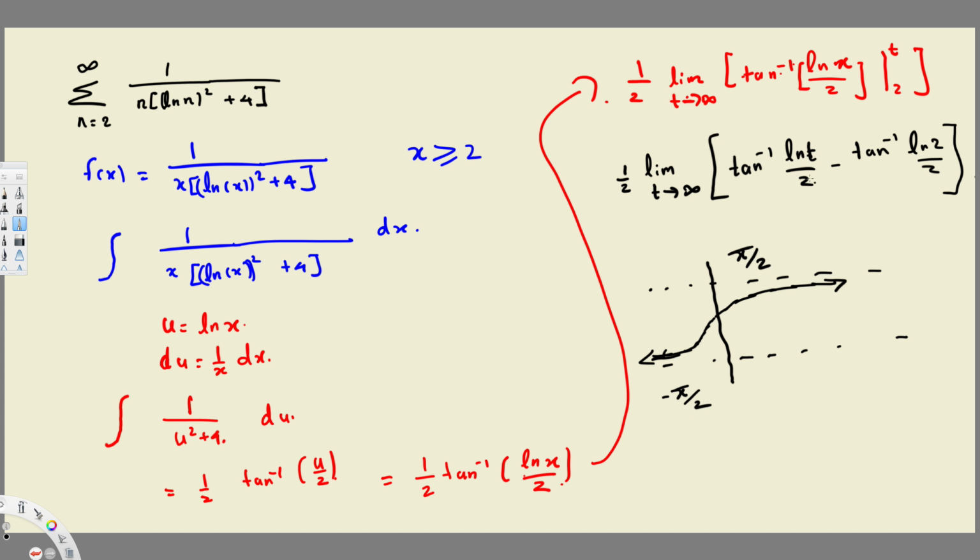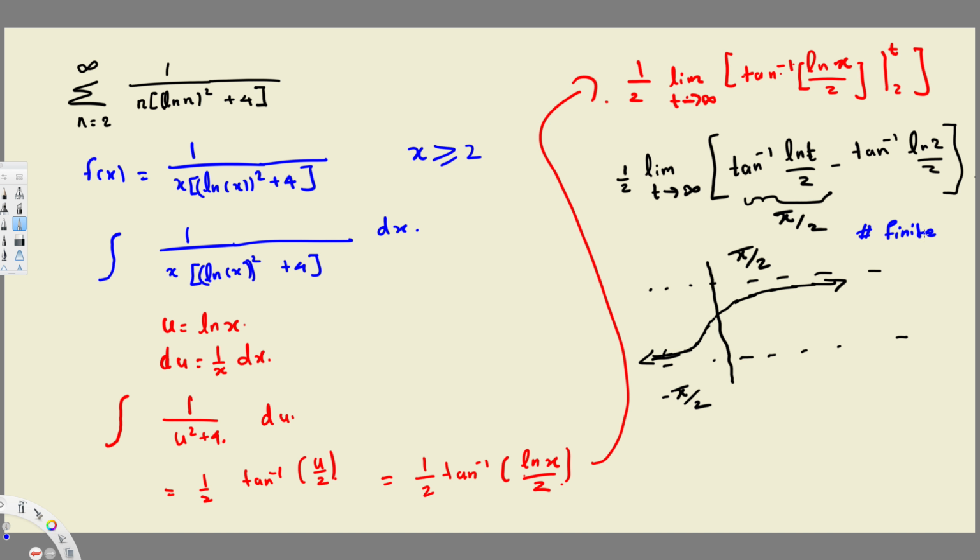So here we are having positive infinity, so this is going to reach pi by 2, right? If this is reaching pi by 2, then pi by 2 minus this value, which is a finite number, and if you subtract a finite number, you're going to get a finite number, right? So we have a finite number.